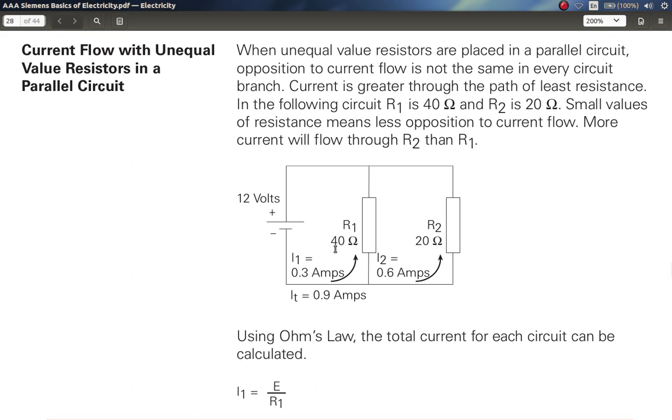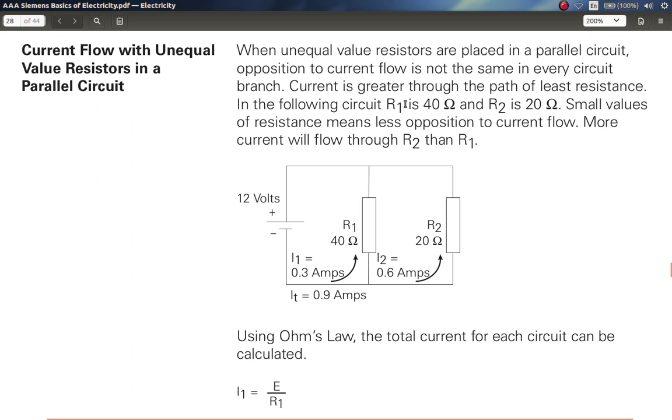Now, the smaller resistor will allow more current through it. The bigger resistor will allow smaller current through it. Because the higher the resistance, the lower the current. The lower the resistance, the higher the current. So, current is greater through the path of least resistance.